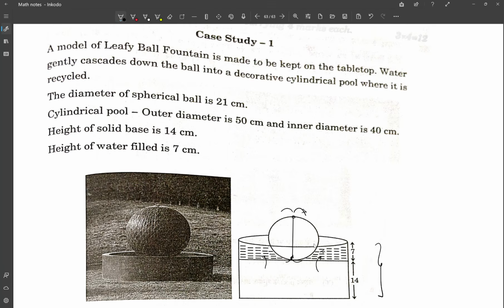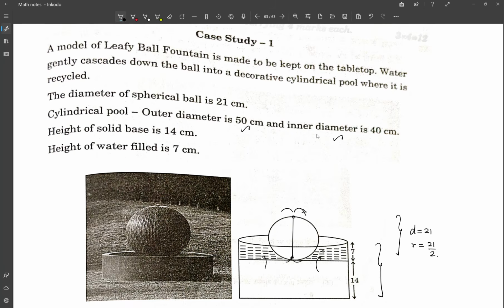The diameter of the spherical ball is 21 centimeter, which means the radius should be 21 divided by 2. The cylindrical pool has an outer diameter of 50 centimeter and an inner diameter of 40 centimeter.